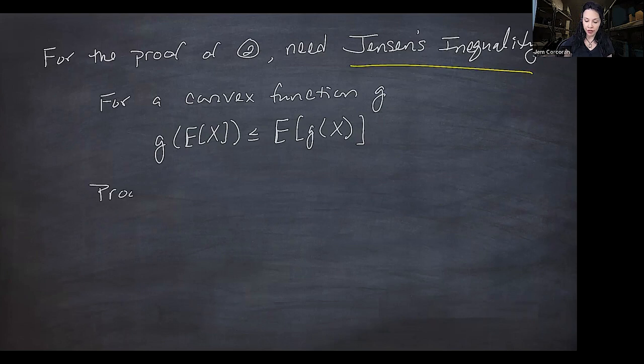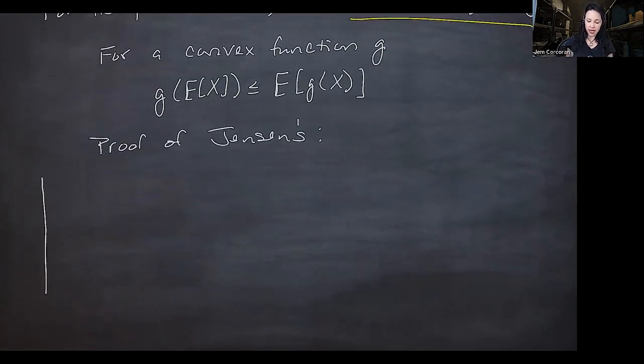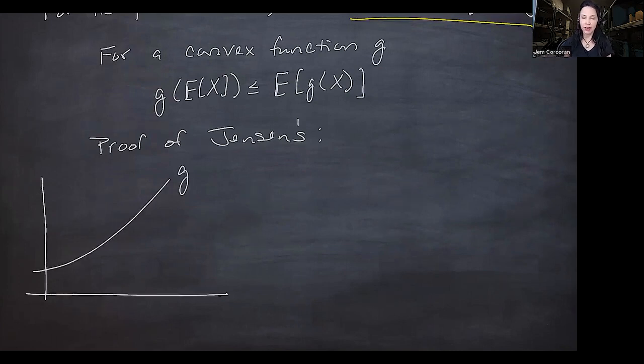So, proof of Jensen. I'm going to start by just looking at it. If I graph g, it's convex, or concave up. And I'm going to let mu be the expected value of X, and that is just a number.